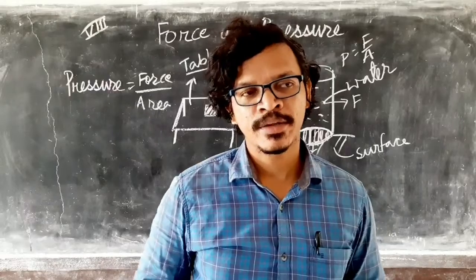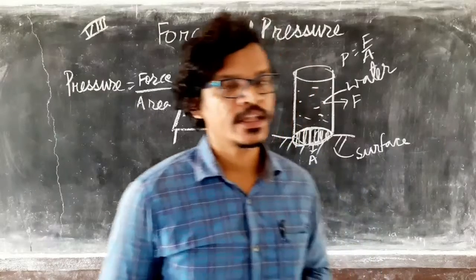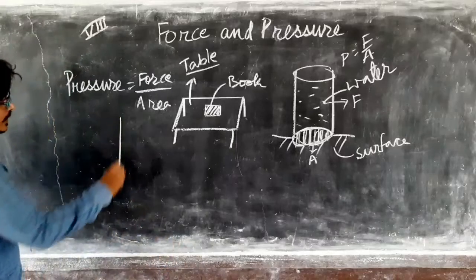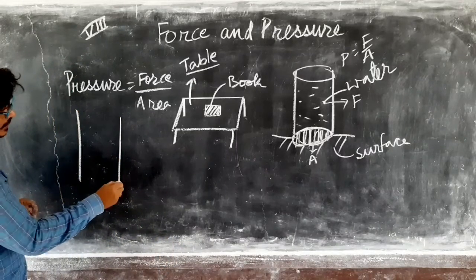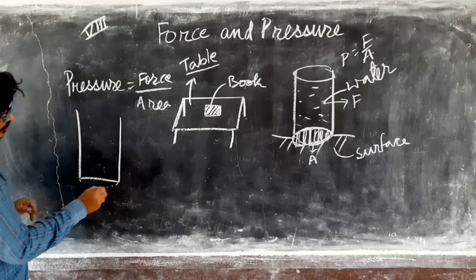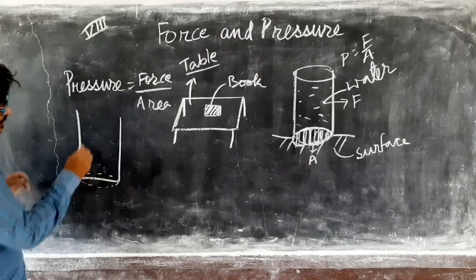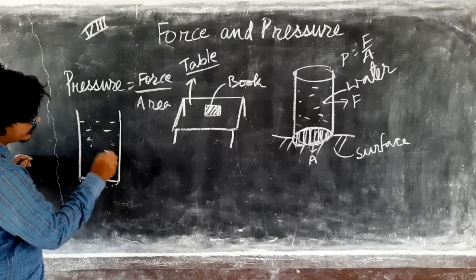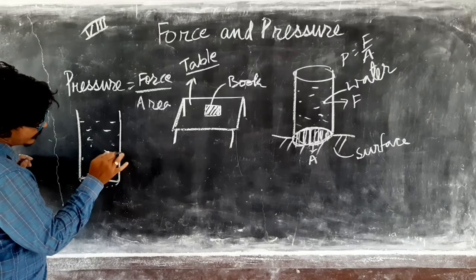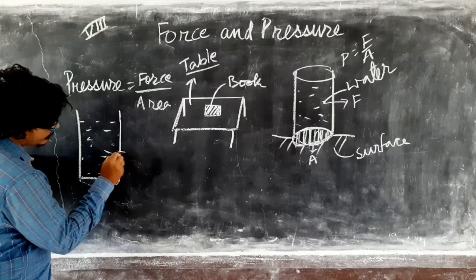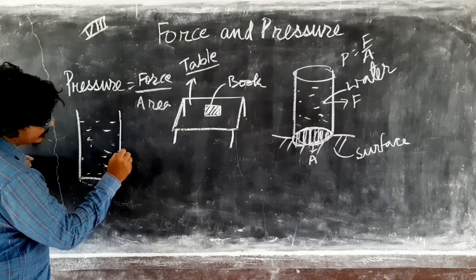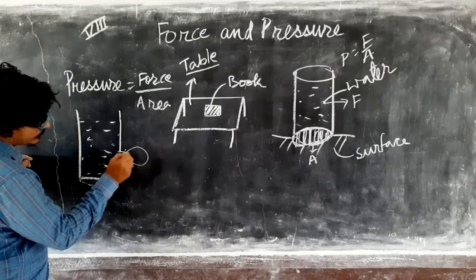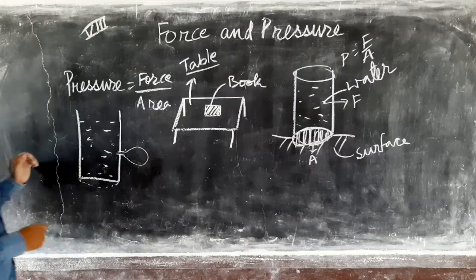Pressure is present everywhere. Liquid also applies pressure on the wall of the container in which it is kept. Suppose this is the container and suppose here water is present. Now if you make a hole here and put a balloon here, what will you observe? The balloon will get inflated.